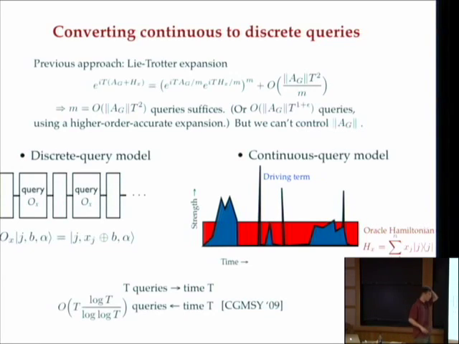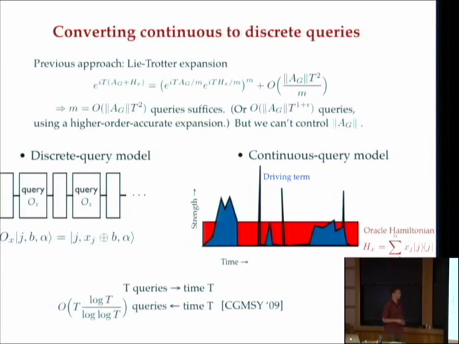But the really nice result, which is absolutely key for us here, is due to Cleve, Gottesman, Mosca, Somma, and Yonge-Mallo, just from STOC this year. They showed, in fact, that you can go from the other direction. So if you have a time t continuous query algorithm, you can convert it into a discrete query algorithm that takes just about time t. You lose this log factor.